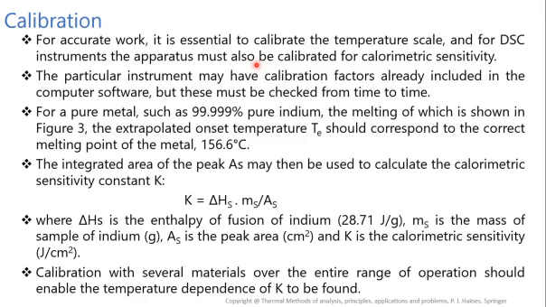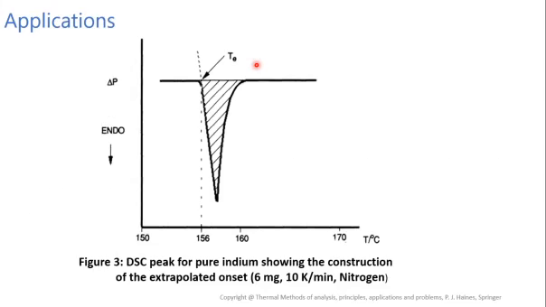In this way, by using this heating experiment, we calibrate the temperature as well as calculate the calorimetric sensitivity constant K. Calibration with several materials over the entire range of operation should enable the temperature dependence of K to be found. Then this is the particular calibration.